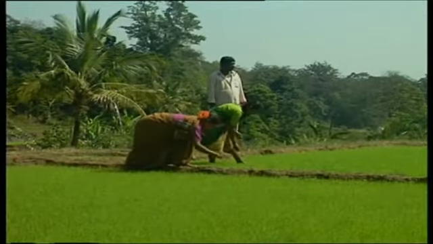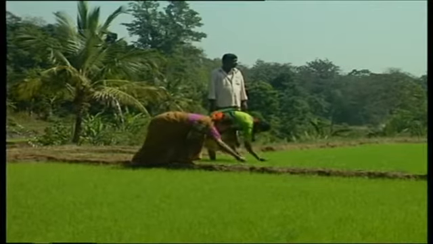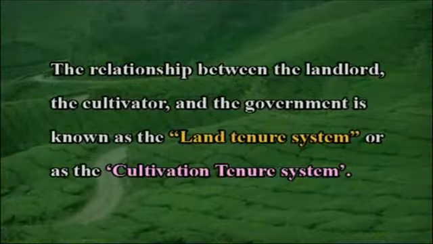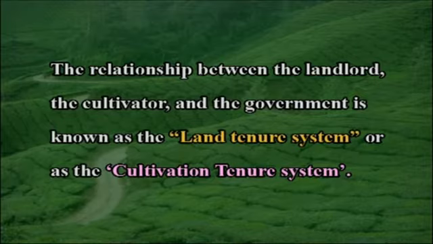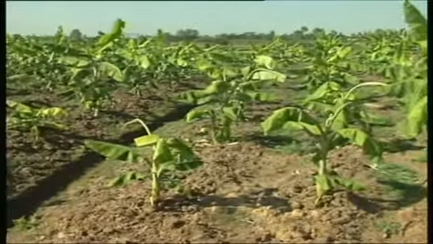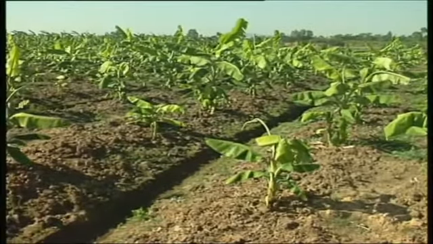The landlord is also related to the government and is responsible for the payment of land revenue. Therefore, the relationship between the landlord, the cultivator and the government is known as the land tenure system or the cultivation tenure system. A land or cultivation tenure system refers to the possession of rights for the use of land.